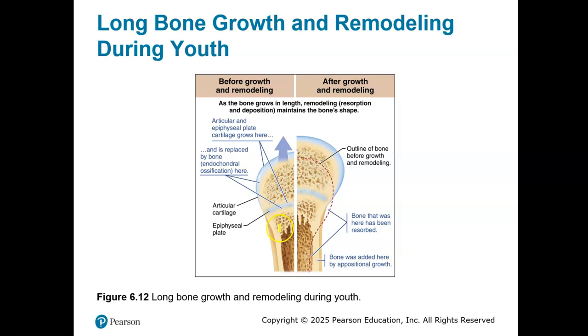So you see there's bone tissue at this point that is right above that medullary cavity. Well, that bone tissue will be broken down by osteoclasts so that the cavity gets longer. So there's no bone tissue where it used to be. So hopefully you can understand that.